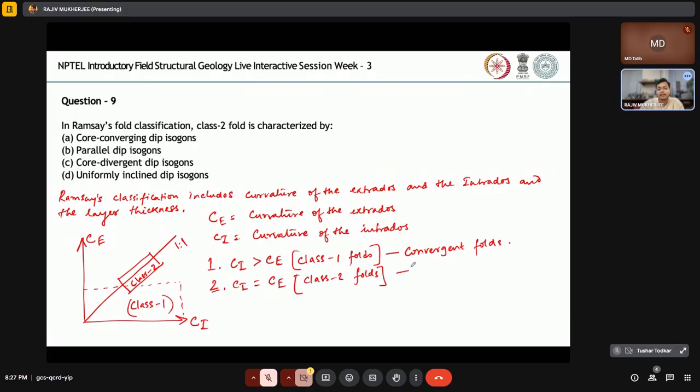And since the curvature of the inner arc and the curvature of the outer arc are both same, it is safe to assume that in this case the dip isogons will remain parallel to each other, right? So that is why these kind of folds are called parallel folds. Not exactly parallel folds. These are called similar folds. Sorry.